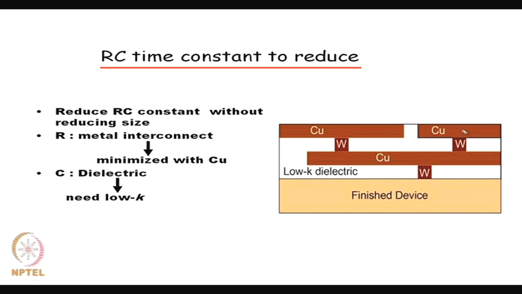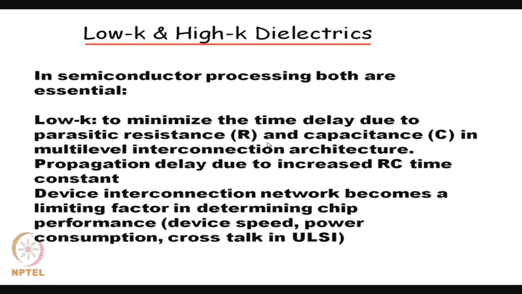So there will be an interconnection of the metals, and that is required for finishing the device, that means for connecting one device to the other, one function with the other, and this is for the interconnection inside the device itself.